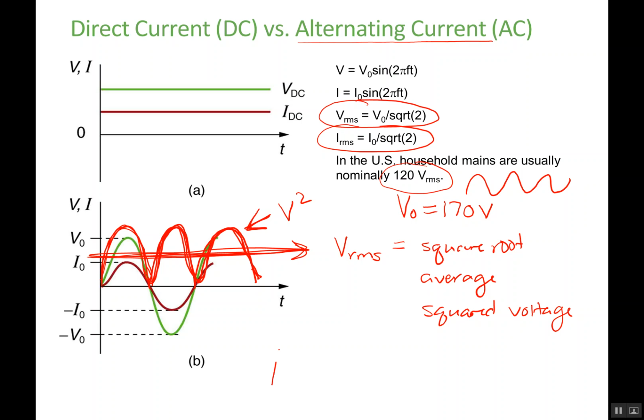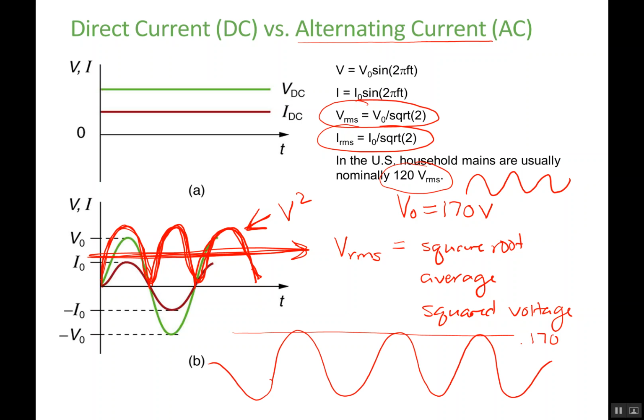So in the US, if you hook up an oscilloscope to a receptacle in your house, you'll see the voltage oscillating between about positive 170 volts and negative 170 volts, with an RMS value of about 120 volts.